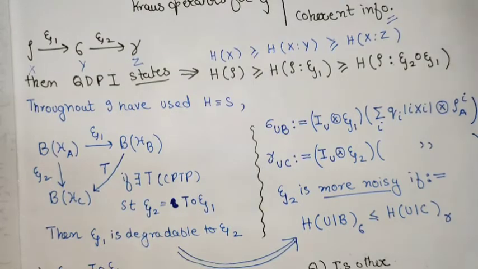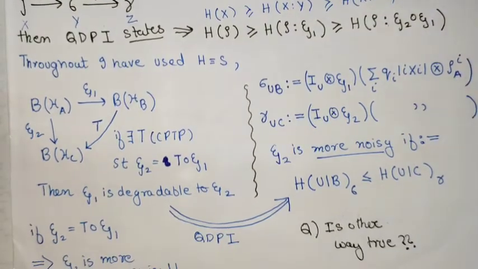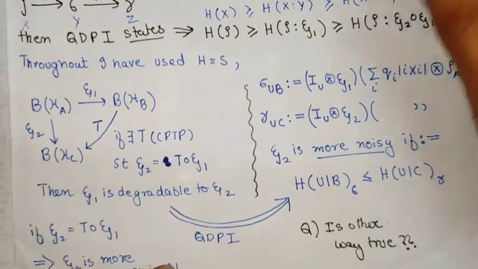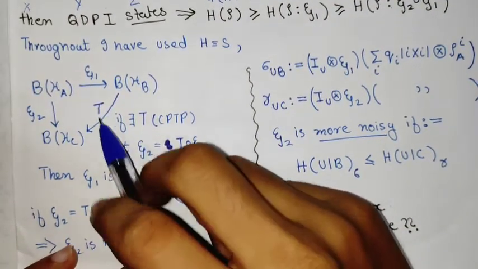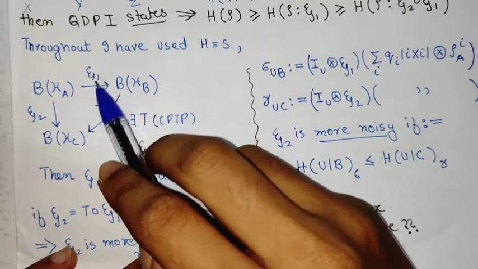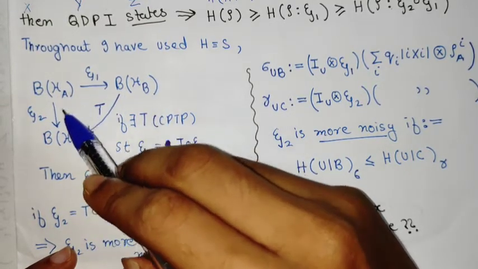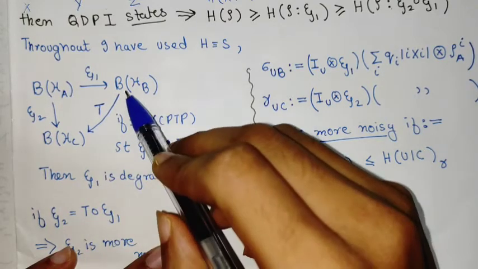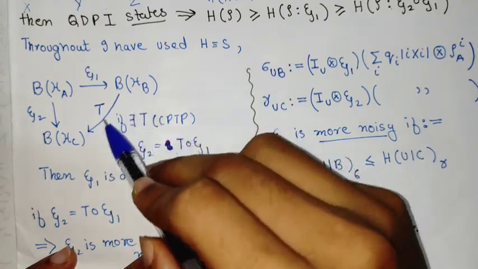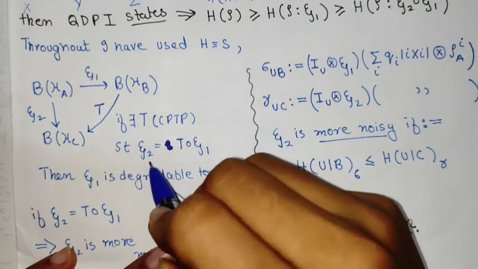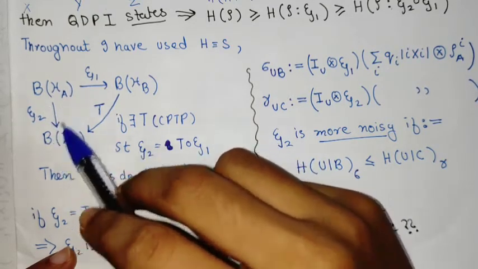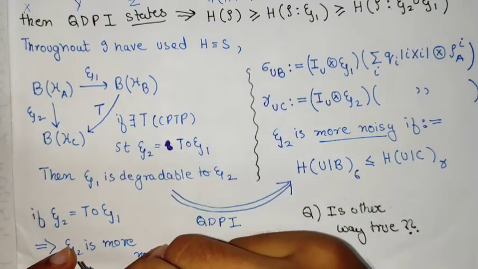With this I will conclude this part by discussing something called degradable channels, and how to quantify how one CPTP map is more noisy than another. Given one CPTP map epsilon 1 going from A to B and another going from A to C, if there exists a CPTP map that maps from B to C such that the second CPTP map can be written as a composition of these two, then we say that epsilon 2 is degradable to epsilon 1.